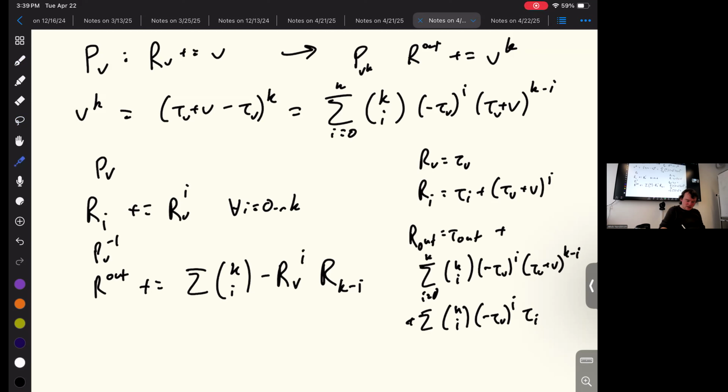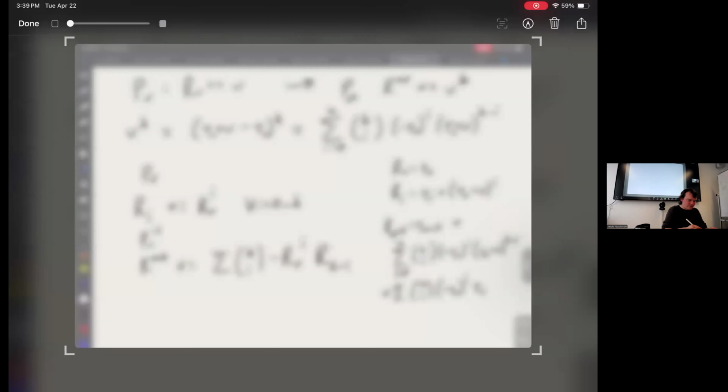In this product here, this part has two terms, this and this. And this part is exactly what we wanted. This whole sum is exactly the thing that we're ultimately shooting for, but we also get this junk term down here.